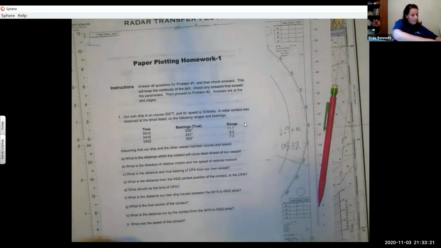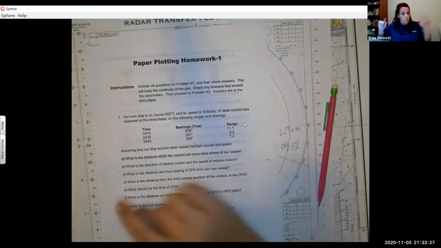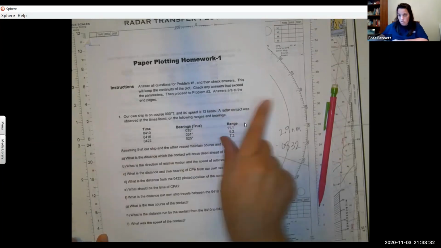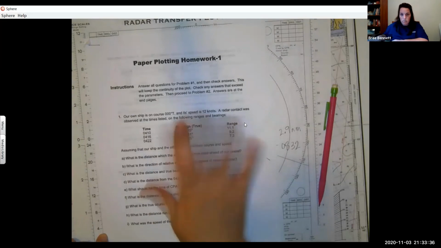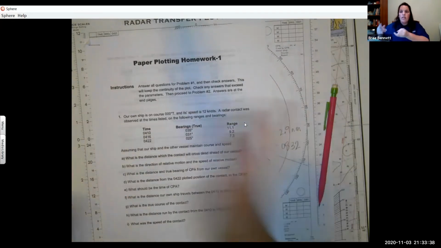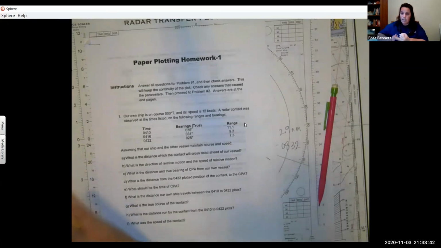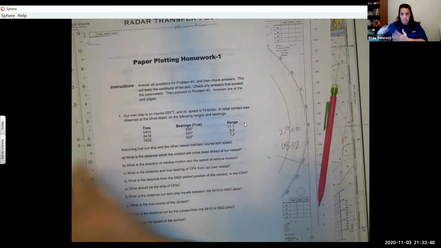Not next week, but the week after, we're going to start the class with a quiz. That quiz will be just like this. Here's your course, here's your speed, here's a target, range and bearing, here's a target, range and bearing. What's the relative speed, relative direction, time of CPA, target true course, target true speed?